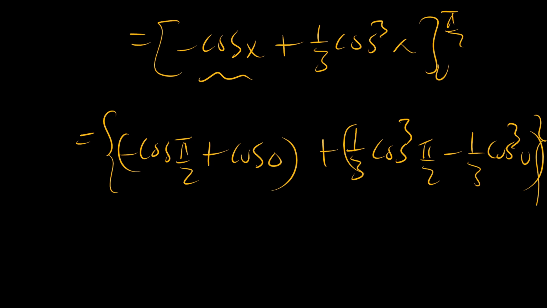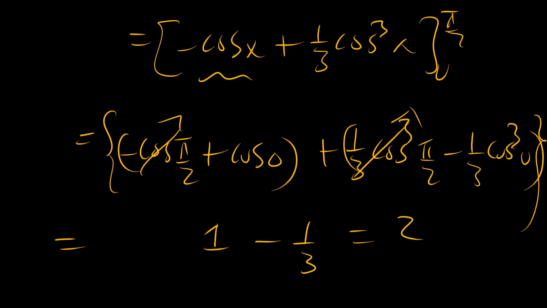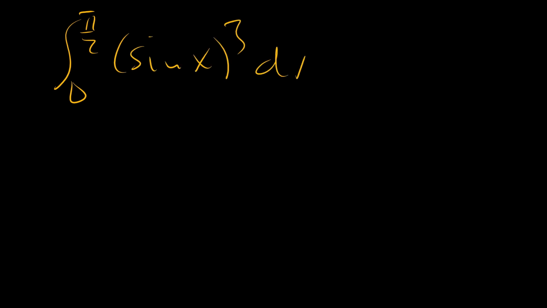So this goes to 0, this is 1, so we have 1, and this goes to 0, and this goes to negative a third, which is 2 over 3. In other words, our integral from 0 to pi over 2 of sine cubed x is equal to 2 over 3, and that is our answer.